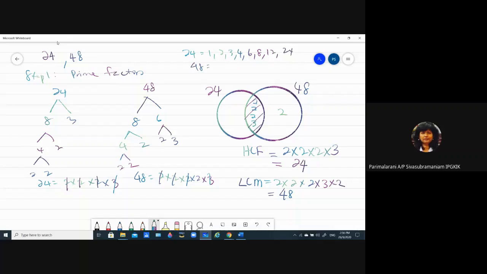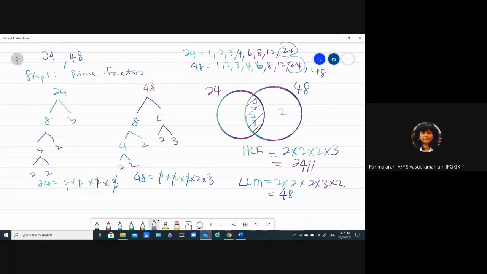What are the factors for 48? 1, 2, 3, 4, 6, 8, 12, 24, 48. So the highest common factor here is 24. Same thing with LCM.